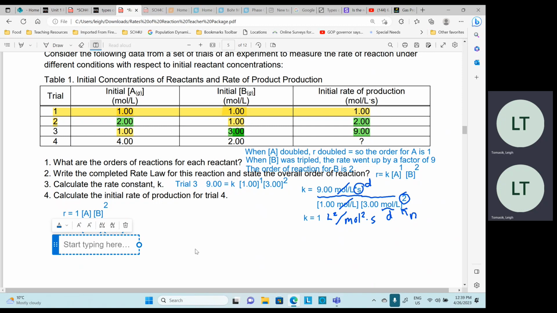So 2 squared is 4. 4 times 4 is 16. So if you quadruple A and you double B, your rate is going to go up 16 times.